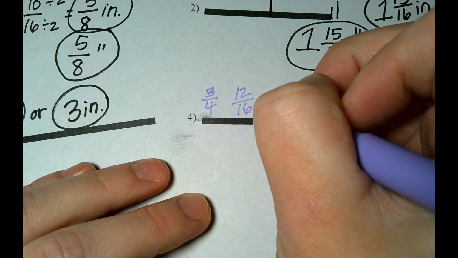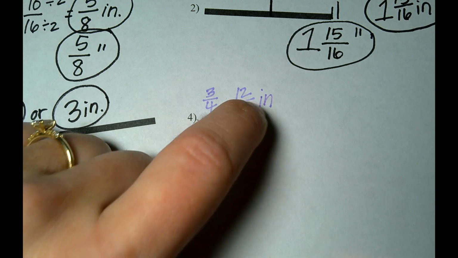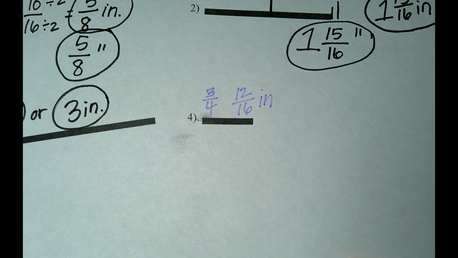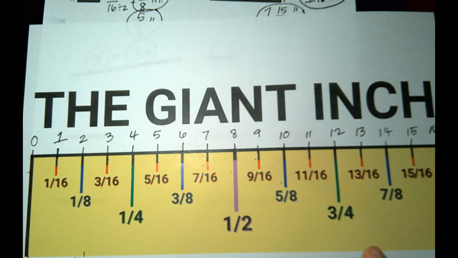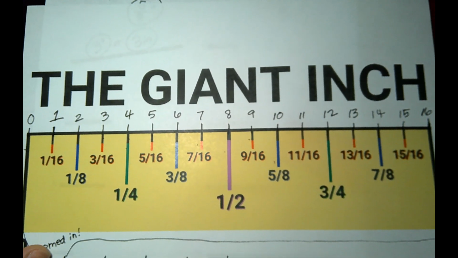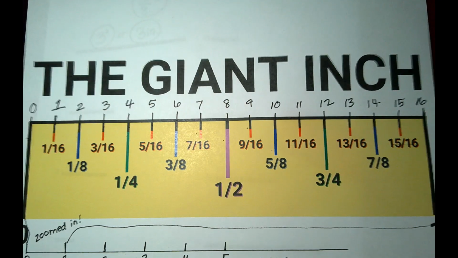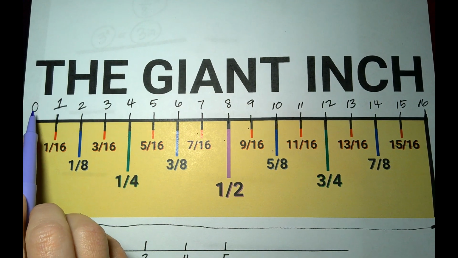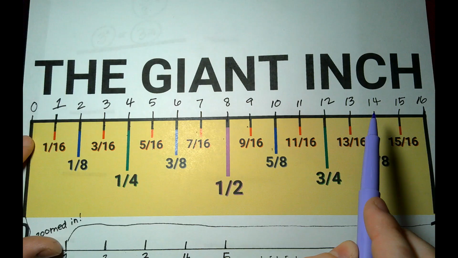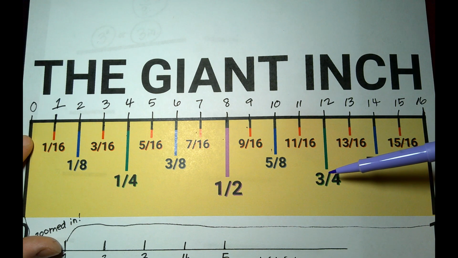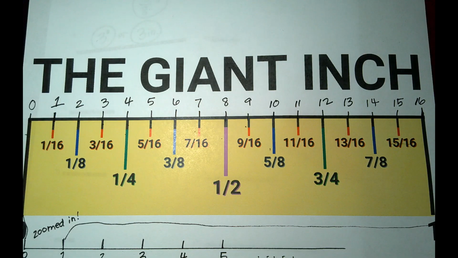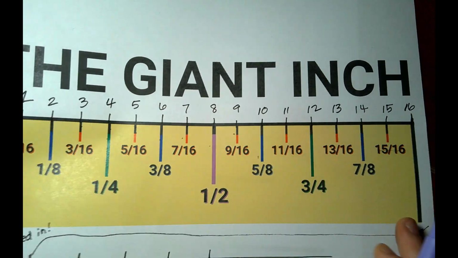Now, that is correct, but it is not simplified. This is where we can use the giant inch paper because inside of the little inches, this is the zoomed in version. I counted 12 spaces and I marked my ruler up here. I can go to 12. 3/4 is the simplified fraction. So correct. Everybody's correct. That's beautiful.